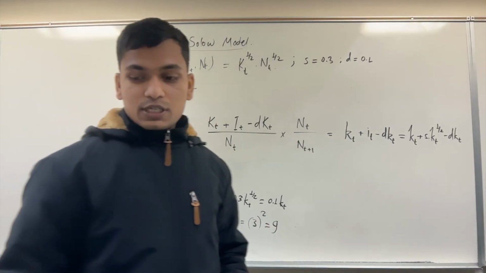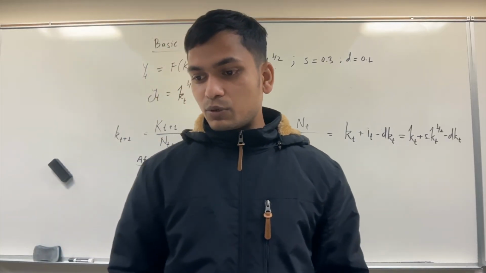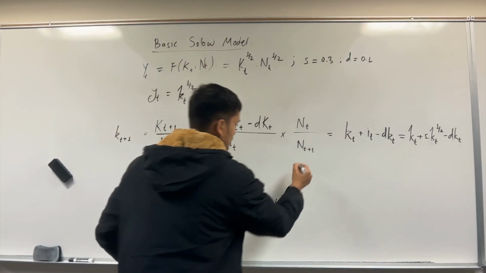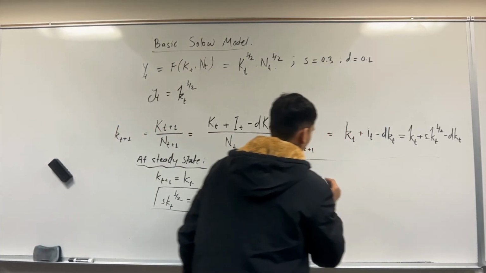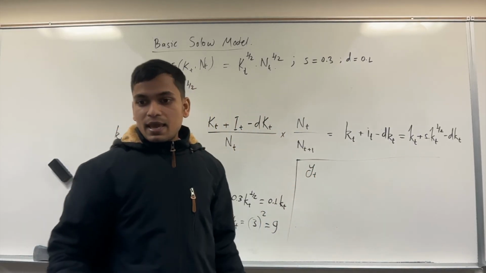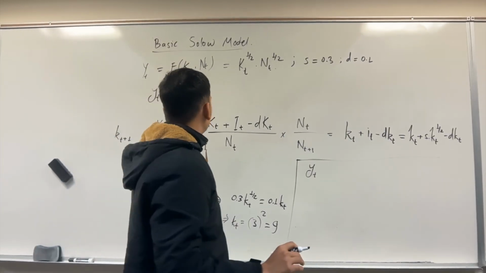Now in the second question, we have been asked to find the output and consumption per worker at the steady state. That means we have been asked for small y_t, the production per capita, and also the consumption per worker.